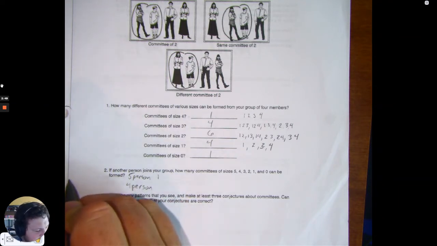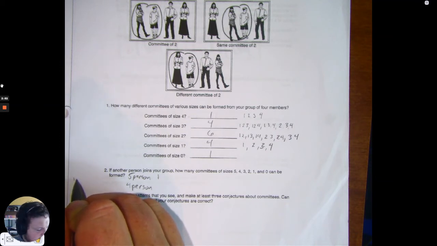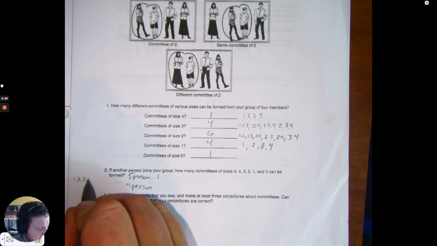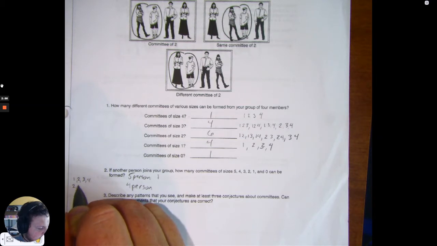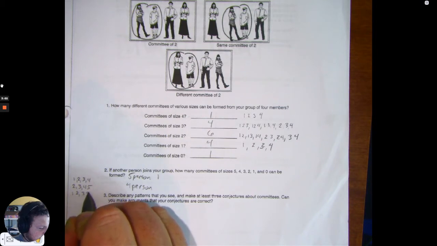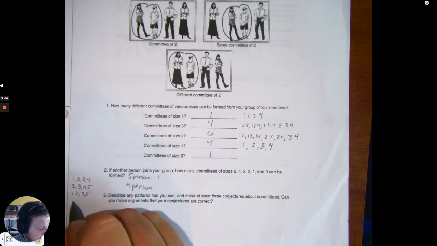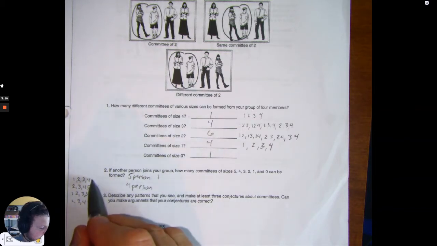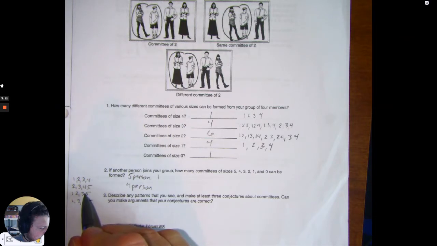So we could have one group that was 1, 2, 3, and 4. We could have a group that was 2, 3, 4, and 5. We could have a group that was 1, 2, 3, and 5. We can have a group that is 1, 3, 4, and 5. So we took out person 5, person 1, person 4, and person 3.